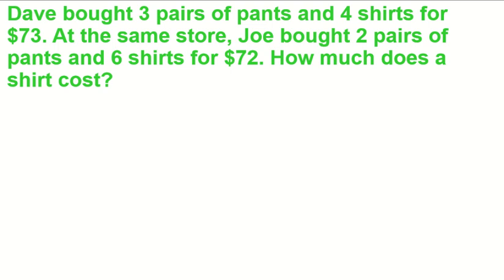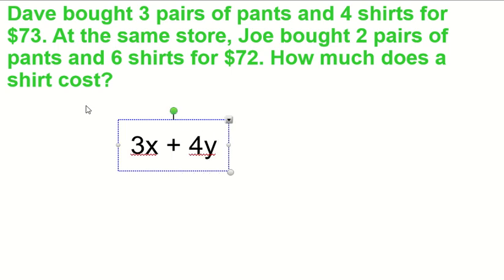We got to get our equations first. All right. How many pairs of pants did Dave buy? 3. So we're going to call our pants X. So if I got 3X, how many shirts did he buy? And we'll call the shirts Y. And this total was $73.